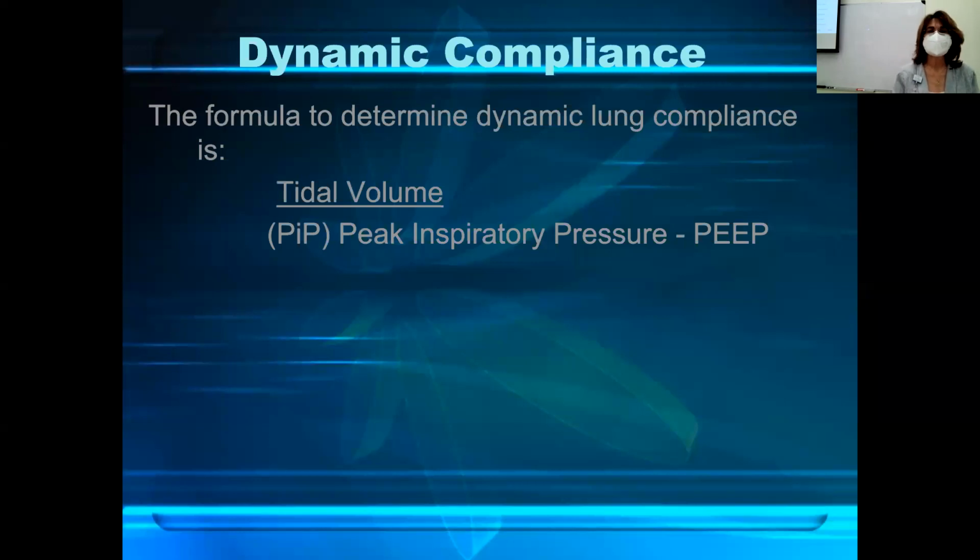Normal value for dynamic compliance is between 30 and 40 mLs per centimeter of water. So if you plug into the formula and you come up with any number between 30 and 40, that's considered normal dynamic compliance. If the number is higher than that, then that's considered high compliance. And if it's lower than that, low compliance.